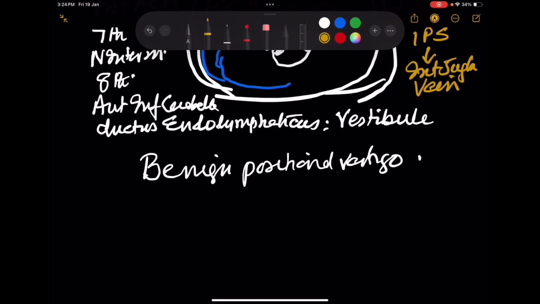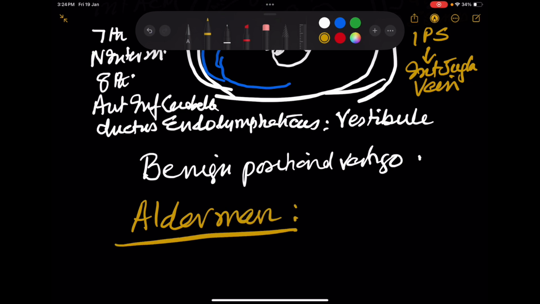Since rich Greek people called aldermen used to go into multiple dinners, they used to go into one dinner, then produce a vomit by trickling cold water on the mastoid, and then go to another party. And therefore, this nerve connecting the 10th nerve to the mastoid skin behind the ear is called Alderman's nerve.